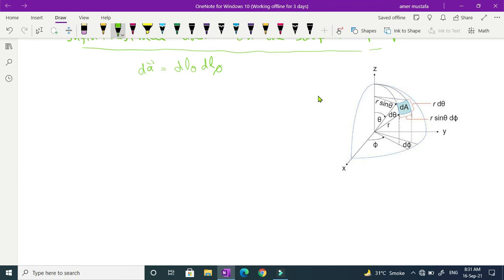and one coordinate is the constant, it is the direction of the area. The coordinate r is the constant, so the direction of the area is along r cap. You know that the value of dl theta is equal to r d theta, and the value of dl phi is equal to r sine theta d phi, as we have already calculated, into r cap equals dA.